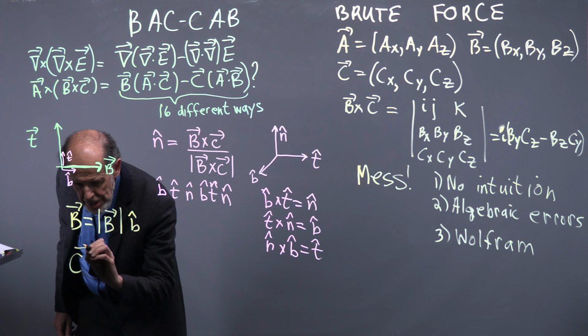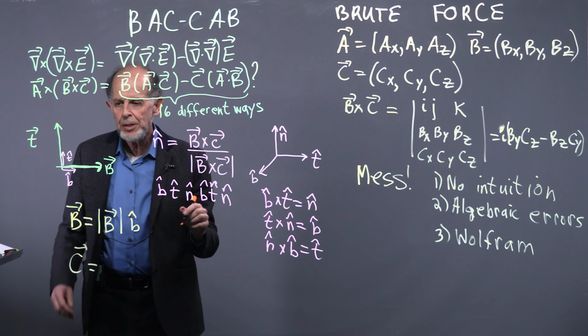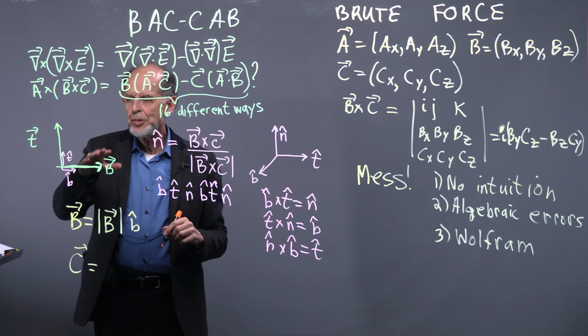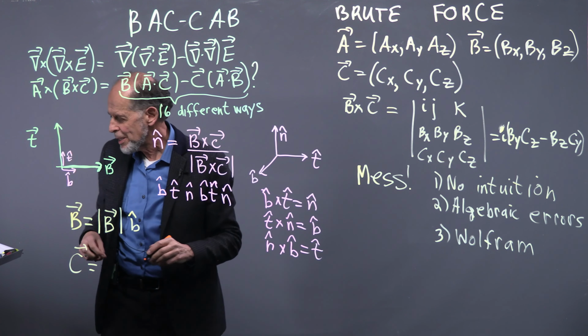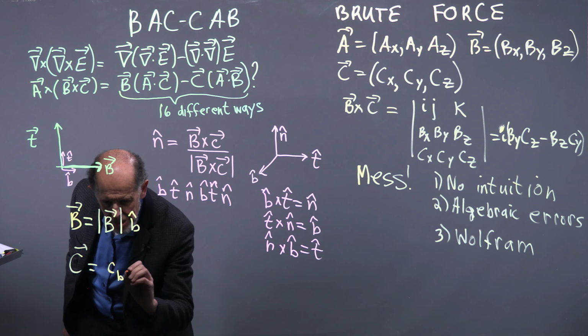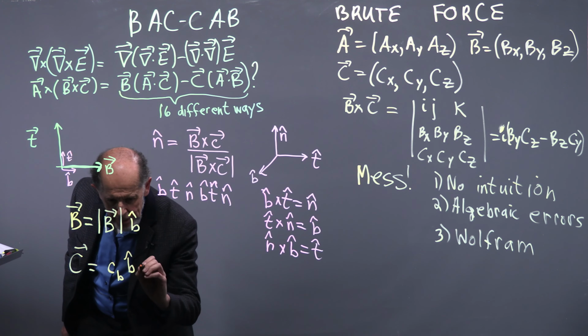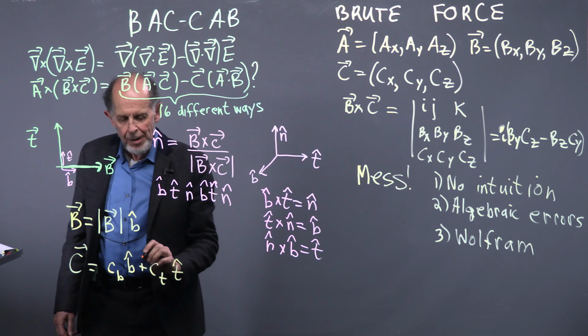C, well, what's C? You can see that the C vector sits in the B hat, T hat plane, so it's a linear combination of that. So I'll write it like this: C_B B hat plus C_T T hat. And what about A?